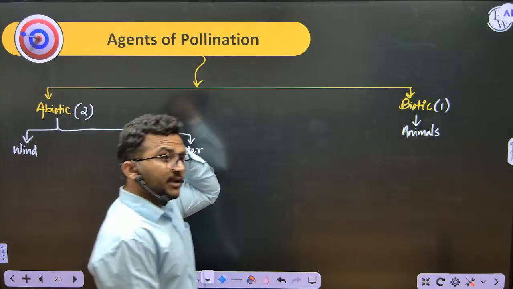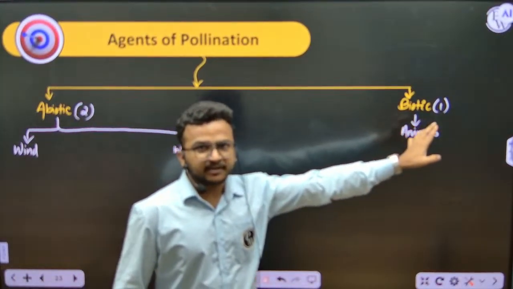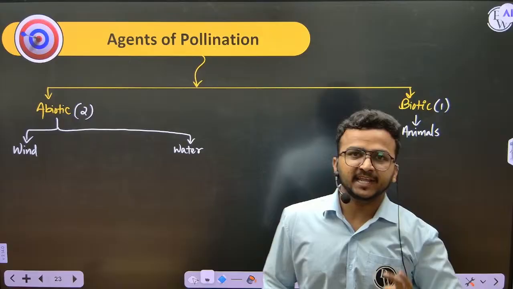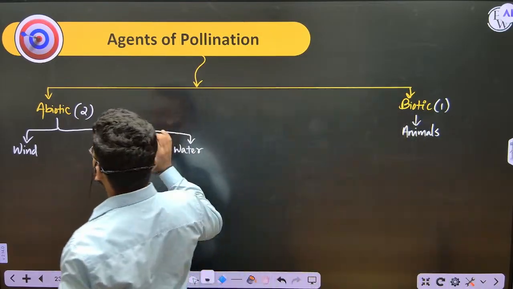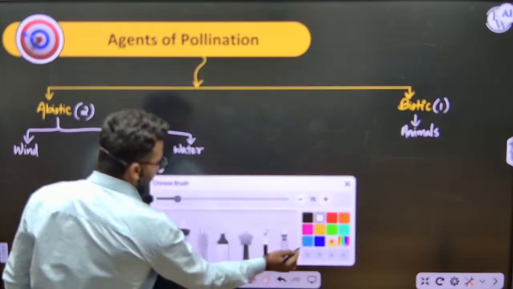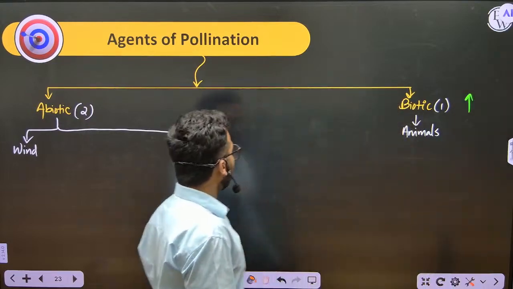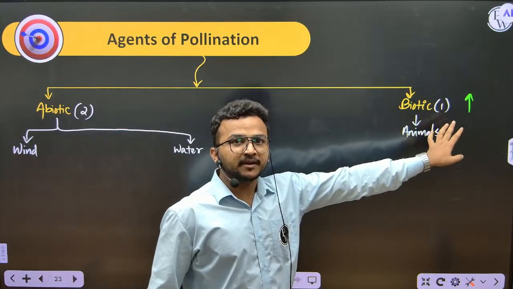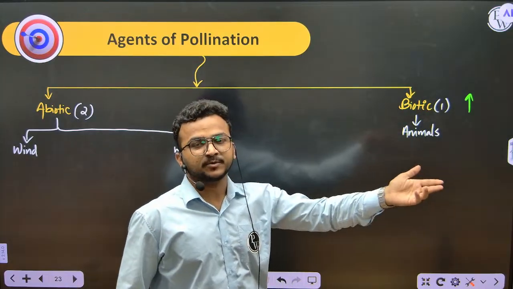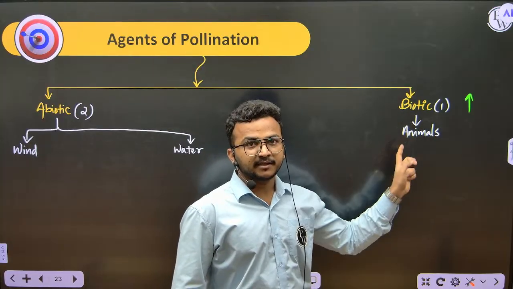Comparatively, in most of the angiosperms, biotic agents will be high. Most angiosperms undergo pollination with the help of biotic agents, that is animals.